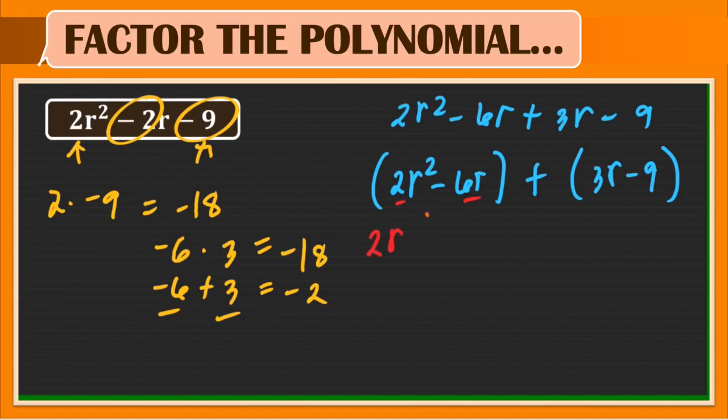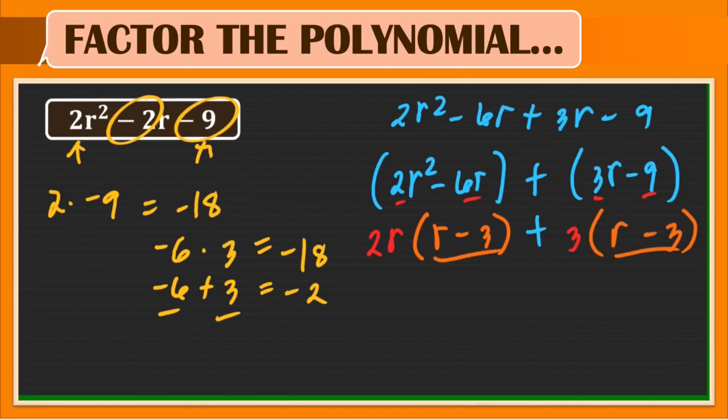The remaining quotient is r minus 3. Copy the sign plus. 3 and 9, the GCF is 3. So we factor out 3. Then the remaining quotient is r minus 3. So as you can see, this is common. So we can write r minus 3 as the first factor of the polynomial. And the second factor is 2r plus 3.